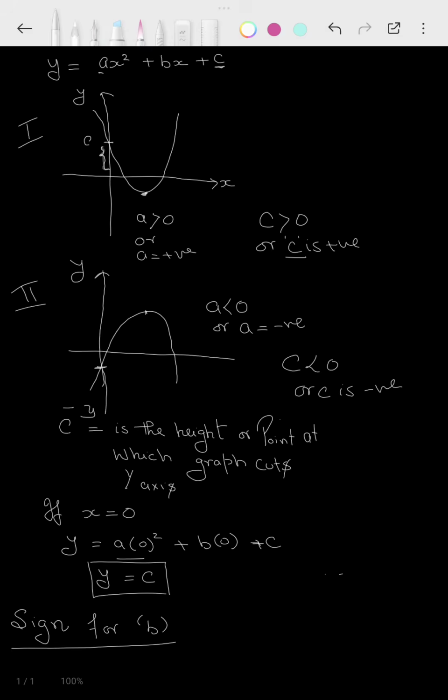We get the lowest point when the graph is opening upward, and this point is called the vertex. And in the second case, this point is the vertex, that is the highest point.